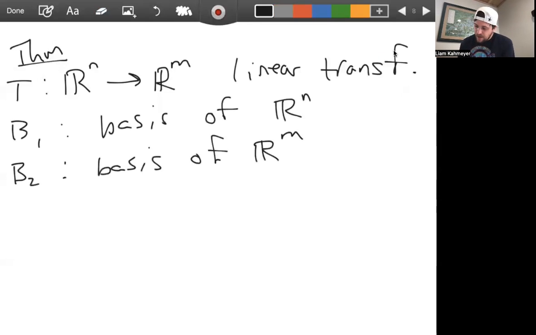Okay. And let's give the basis B1 an element-wise description. We'll say it's V1 through Vn here.